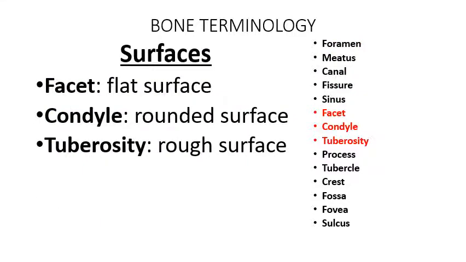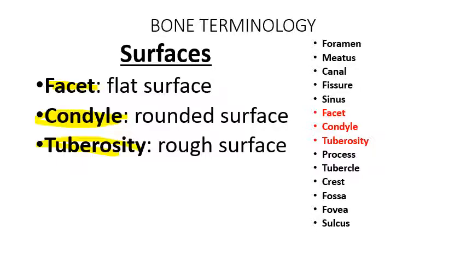All right, now talking about surfaces, a facet is a flat polished surface. You probably know that a diamond has facets on it. So a facet is like one of several surfaces that are flat and nicely polished. Right? A condyle is a rounded surface on a bone, and a tuberosity is a rough surface on a bone.